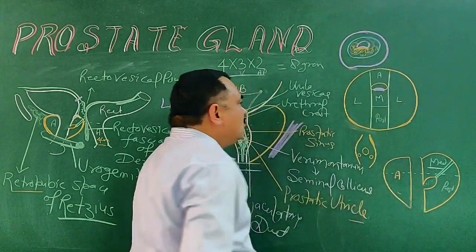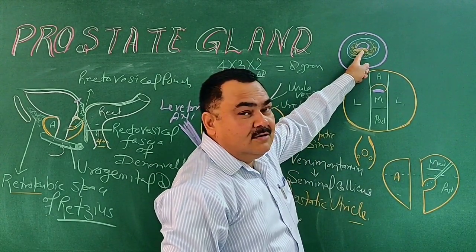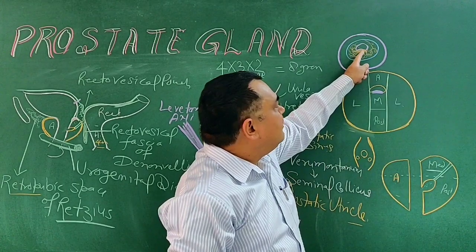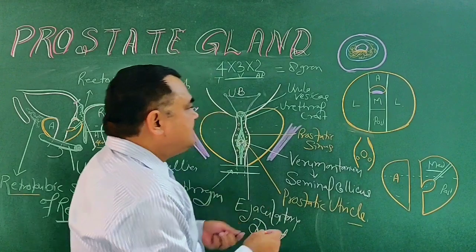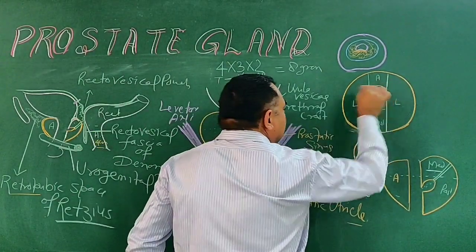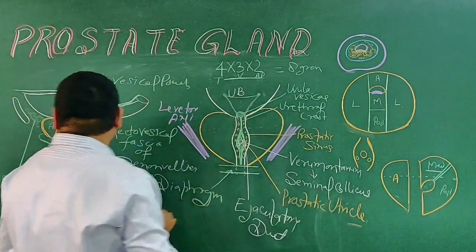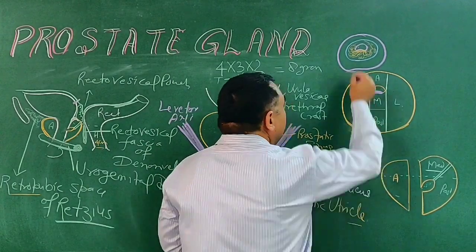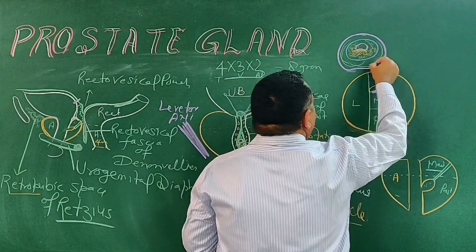So the inner zone, a glandular structure, develops from the absorption of the mesonephric duct. And the outer zone, the rest of this except this area, forms the outer zone.